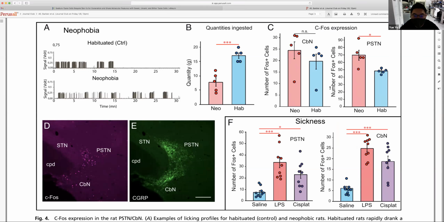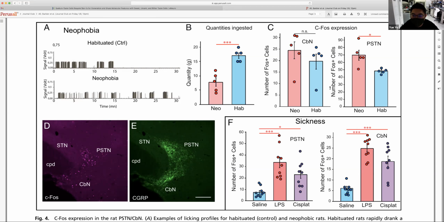Mhm. So since I think previously they found there is a projection from the CGRP neurons, input from the, I think it's the PBN neurons. So they believe that since the CGRP projections are involved in these two reactions, they want to see if PSTN is also involved. So there are two parts. First is they want to test how the neophobia triggers or activates these neurons, and they find that in panel A, if they have, I think it's a rat, right?